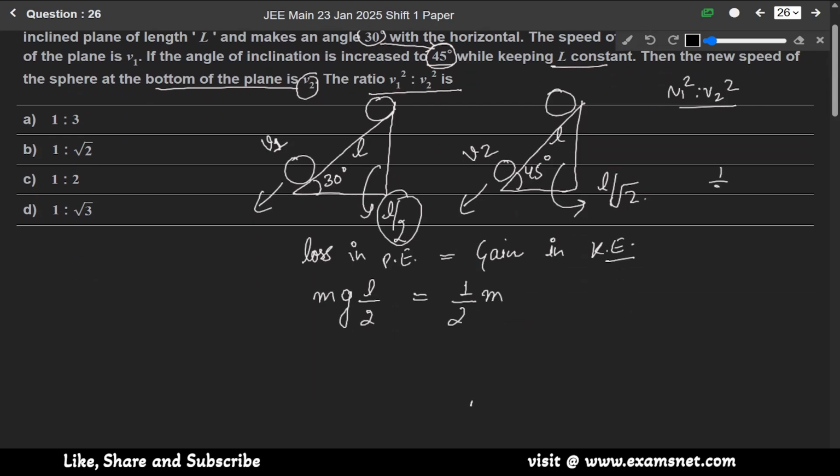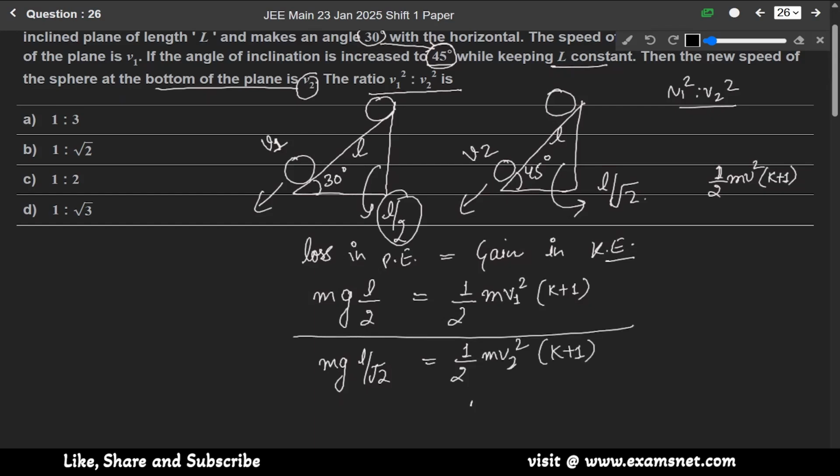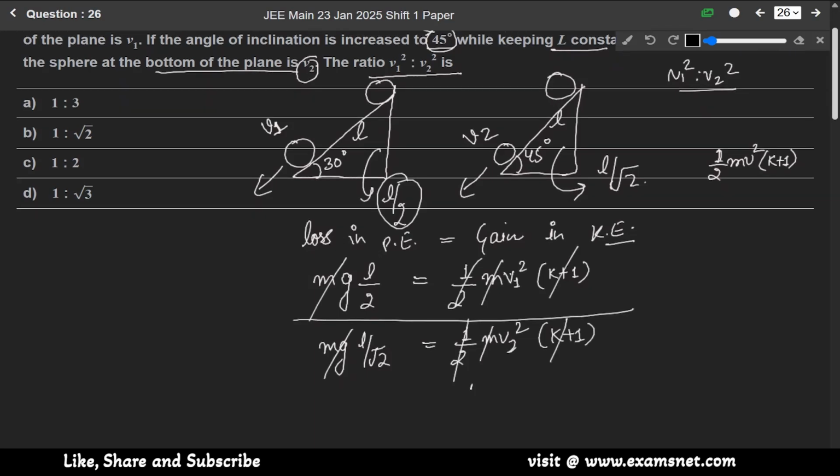Since we know that for such type of question we use half m v square into k plus 1, here also we will use half m. For the first one we will use v1 square into k plus 1, and for the second we will use mg, this L by root 2, equals half m v2 square again k plus 1, and we have to find the ratio, so divide it. So mg cancels out, half m cancels out, this k plus 1 cancels out.